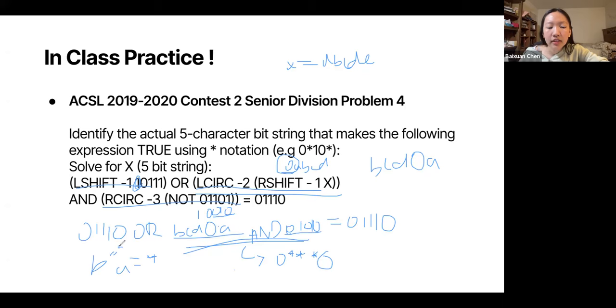Because with an and, as long as one of the digits is 0, it'll return a 0. And then since the 3 middle digits don't matter, C and D are also equal to asterisks.